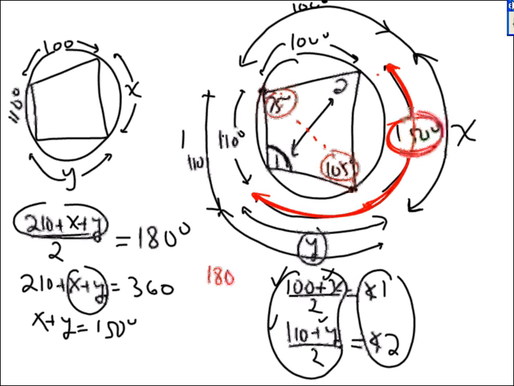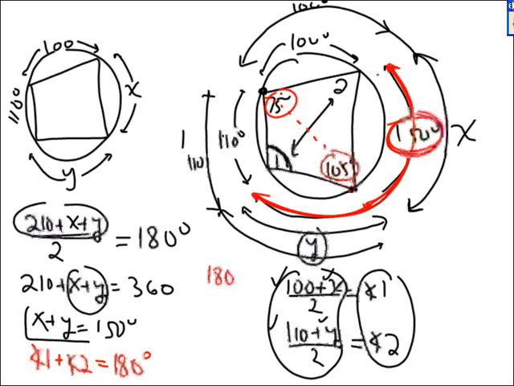I think I see maybe what I'm... So now, we know that angle 1 plus angle 2 add up to 180. So maybe this is going to give us our second equation.